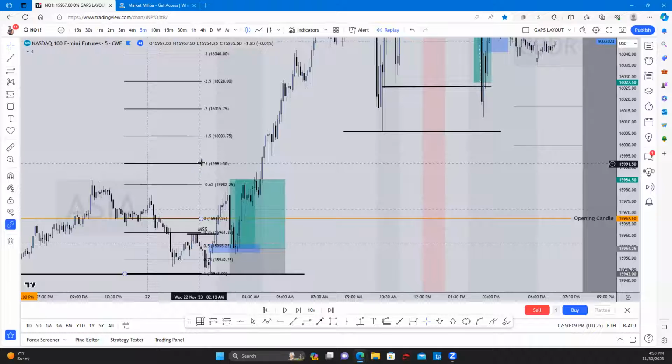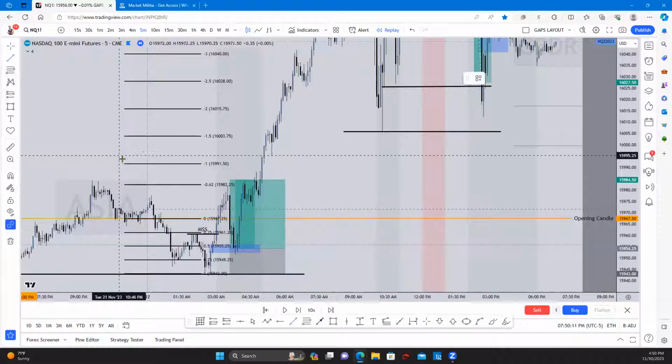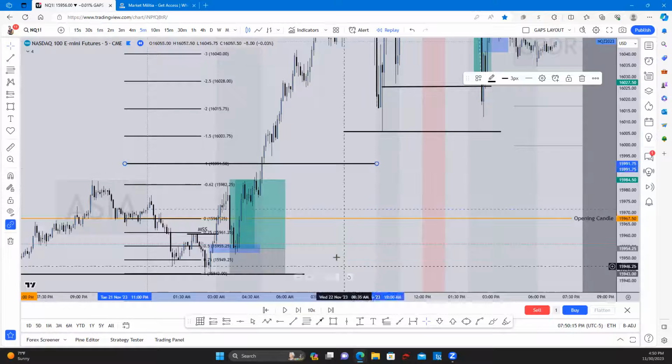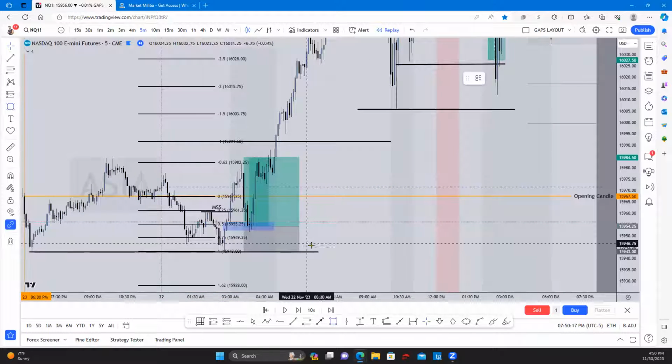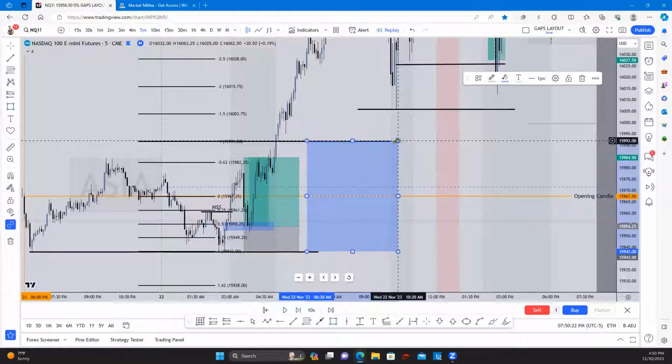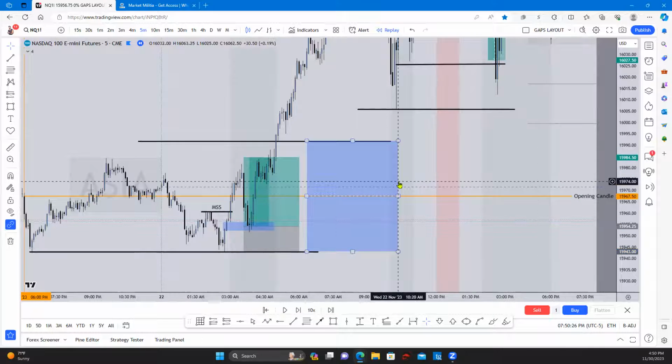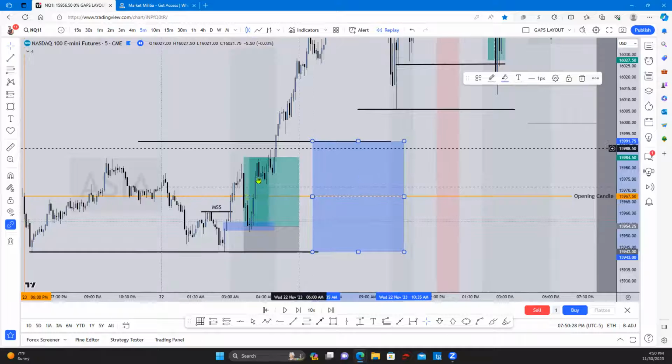We can look to try to get in anywhere from this -1 standard deviation. Okay, so this whole area from the low to 1 standard deviation, this is now our opening range.